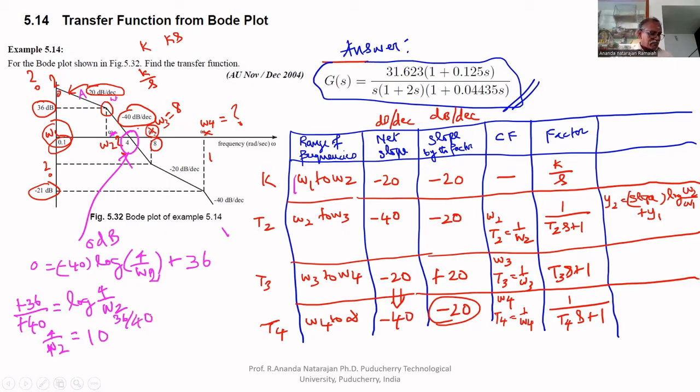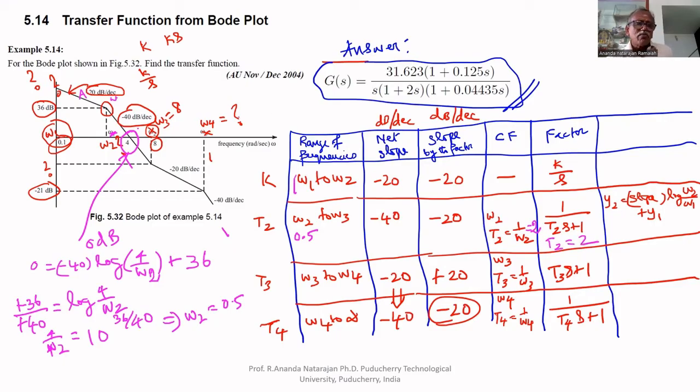If you use that 36 by 40, then omega 2 equal to 0.5. Therefore, we can substitute here omega 2 equal to 0.5. Omega 2 equal to 0.5 means T2 equal to 1 by 0.5 is 2. T2 equal to 2.